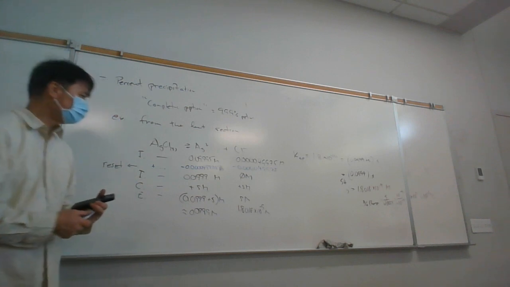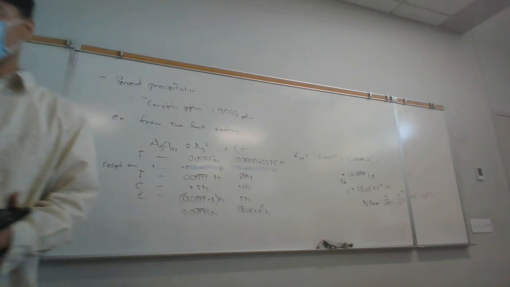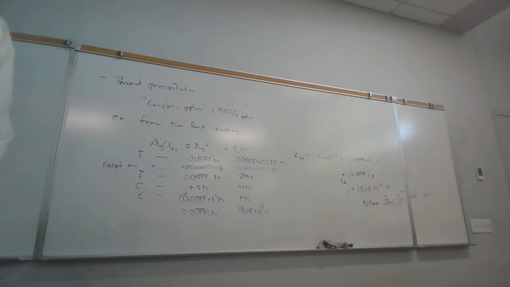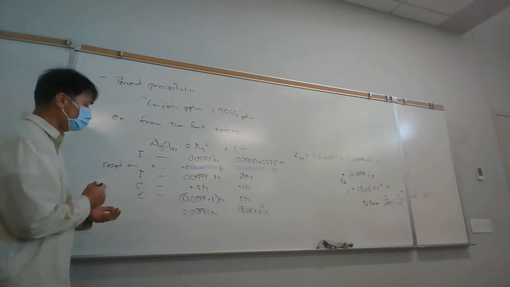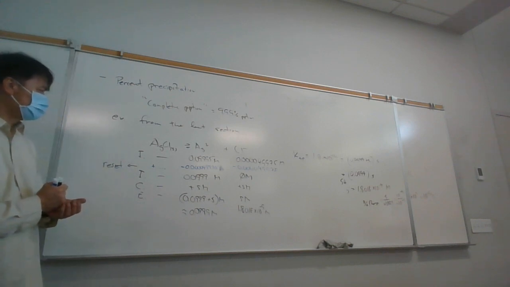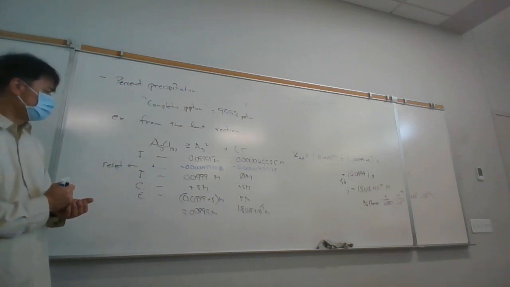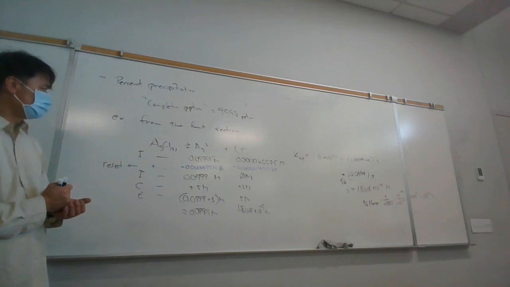Okay, but I haven't answered the question. So I know what the solubility is in the presence of this silver, but I want to know what the percent precipitation is. And so how can I figure out what the percent precipitation is?